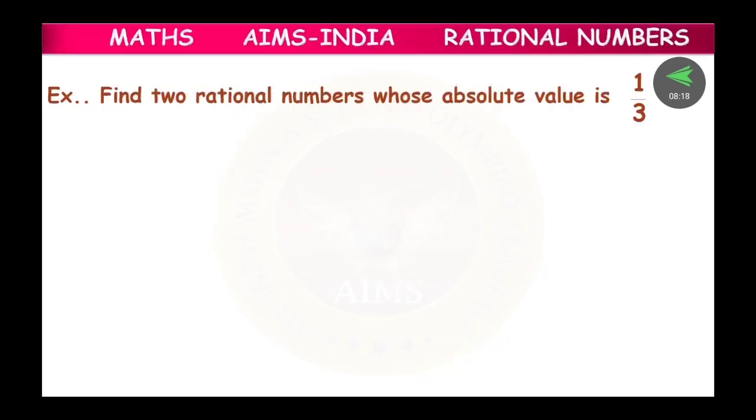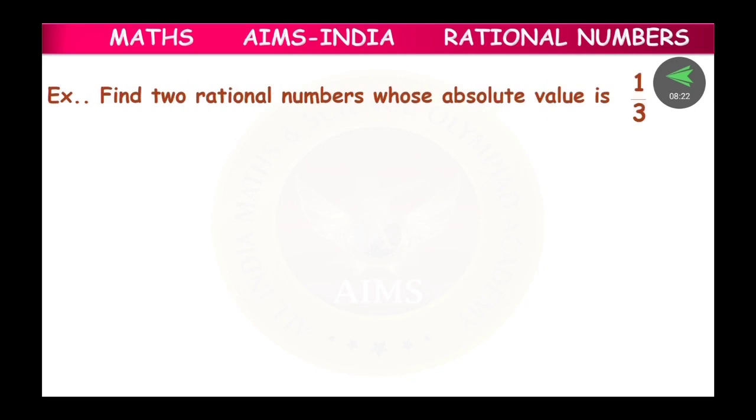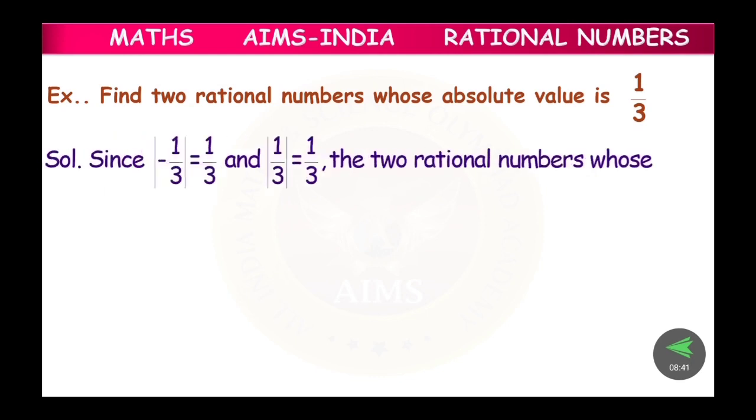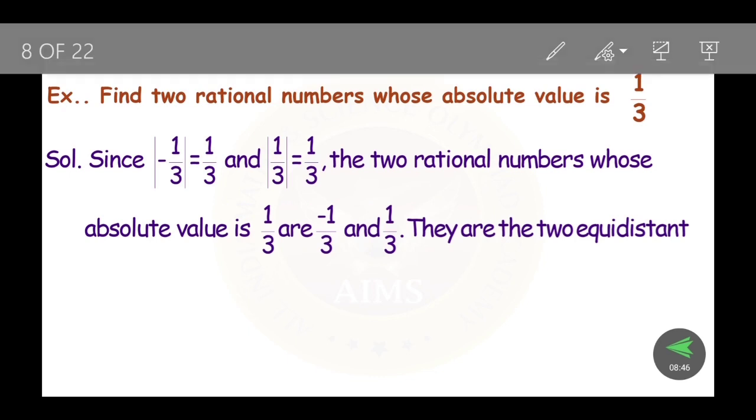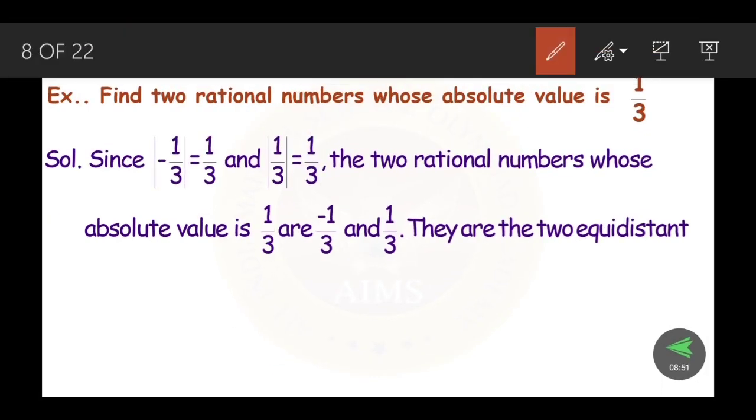Okay children, here the question is: find two rational numbers whose absolute value is 1 by 3. So the absolute value should be 1 by 3.